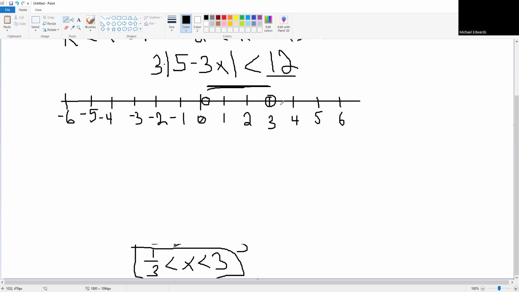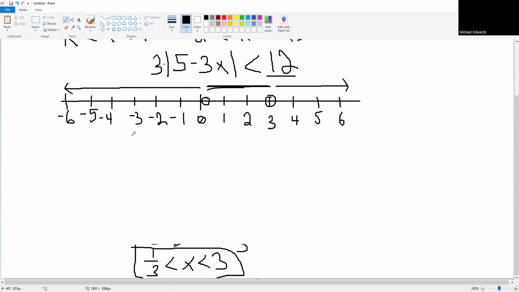To test our intervals, just like the other one, we still have this way that we can test and this way we can test.